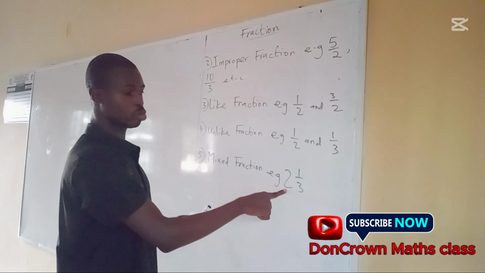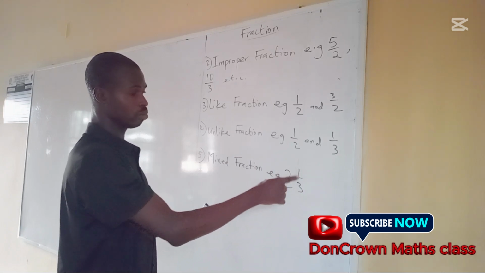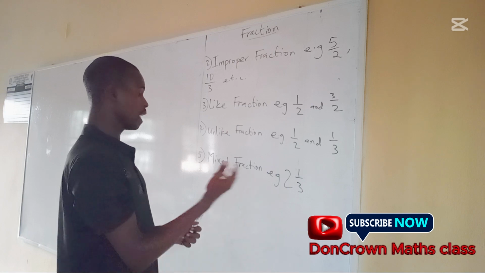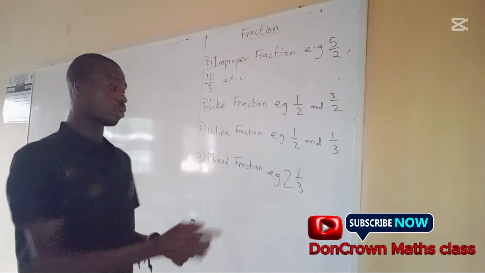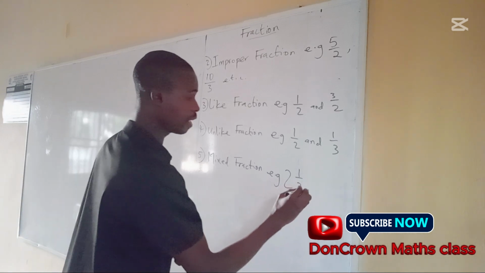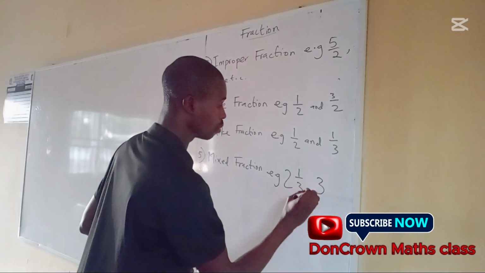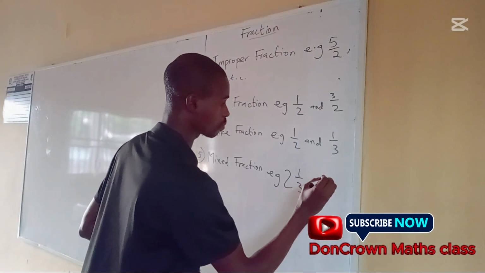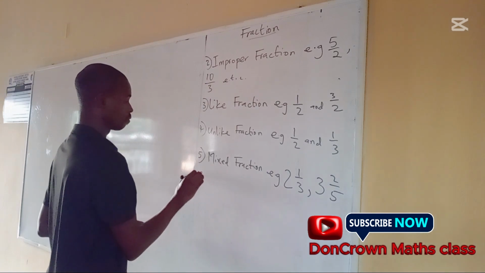This 2 is a whole number, while this 1/3 is a fraction. That's why I said a mixed fraction is a combination of a whole number and a fraction. Another example of a mixed fraction is 3 whole number, 2/5.